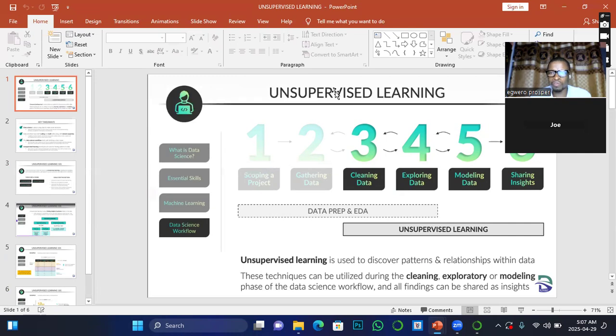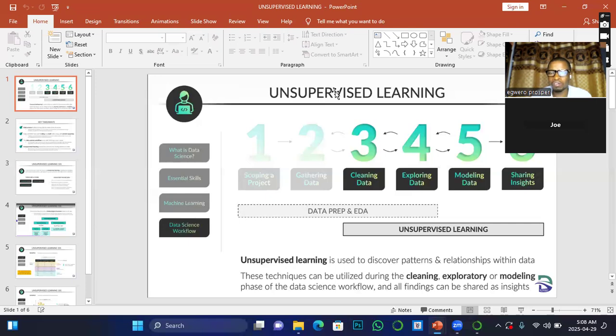We have supervised learning, and then we also have unsupervised learning, where I told us that supervised learning focuses on building and testing models for predictive analytics, while the unsupervised focuses on segmenting, grouping, and clustering data.